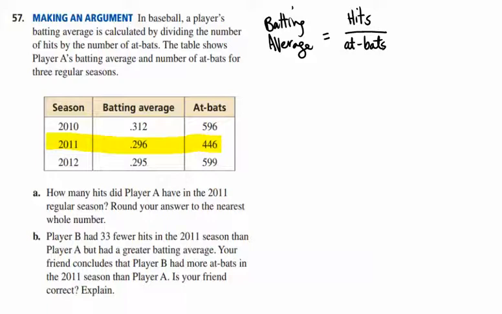So the question is how many hits? We'll set up an equation that might look something like this. Batting average we know is 0.296. The number of hits, we'll call them X, over the number of at-bats, 446.